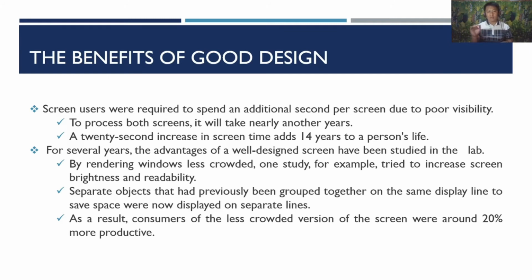One study, for example, tried to increase screen brightness and readability. So we can adjust the brightness of our screen. It's like in our cell phone, we can adjust the brightness if you want to make it dimmer or brighter, so we can adjust easily. This is an example of a good design. Second, separate objects that had previously been grouped together on the same display line to save space were now displayed on separate lines.